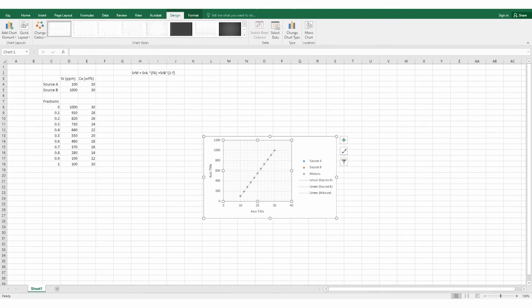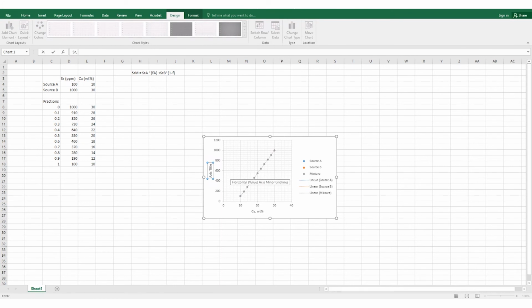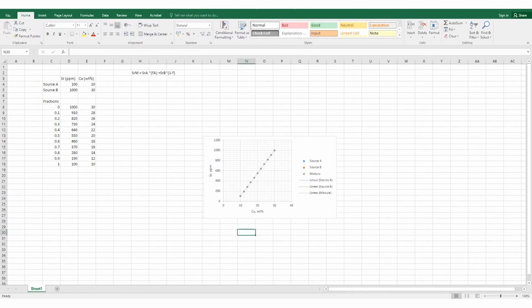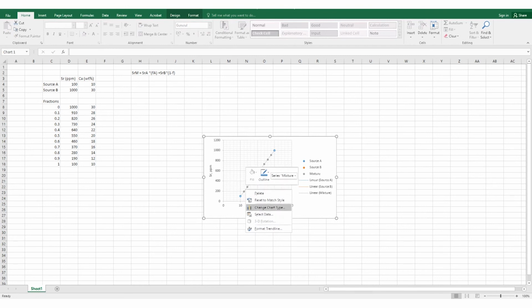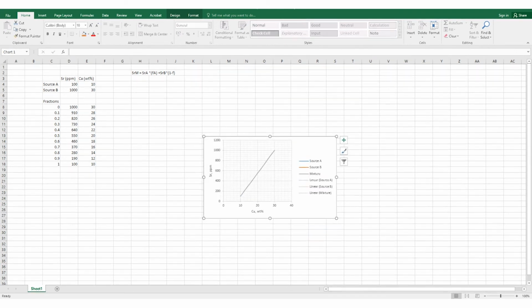This is calcium in weight percent, and this is strontium in ppm. So here is your source A, source B, and this is the mixing line, and we read in the lectures that this should follow a straight line.